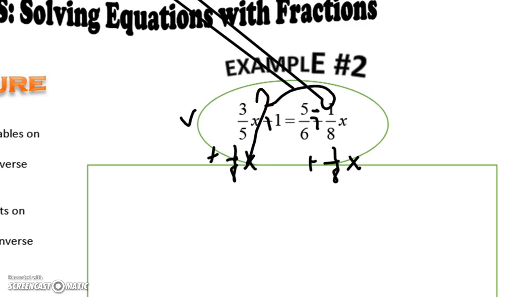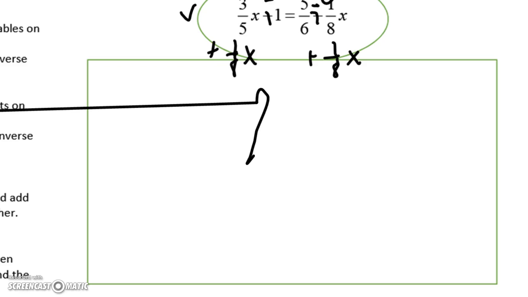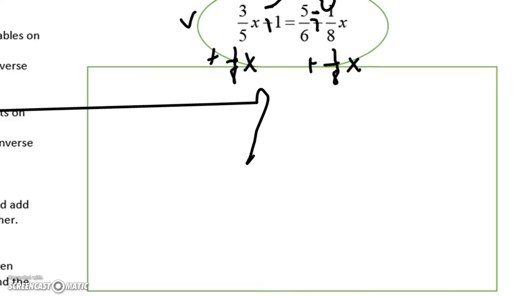Now, as denominators, 5 and 8 are relatively prime. So their common denominator would be 40.